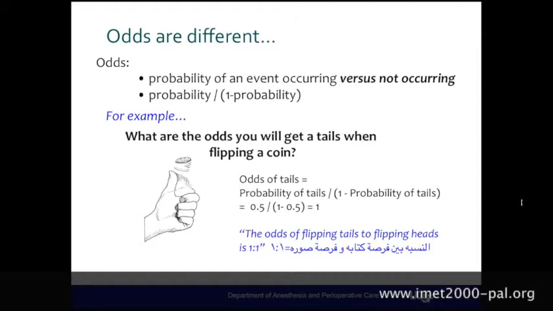It will be the probability of tails divided by 1 minus the probability of tails. And stated in another way, it would be 0.5 divided by 1 minus 0.5, which is 1. So we say in words, the odds of flipping a coin and getting tails is 1 to 1, or is 1.